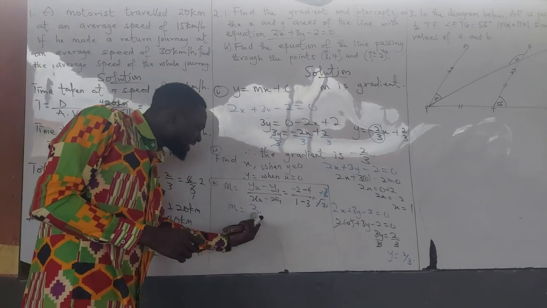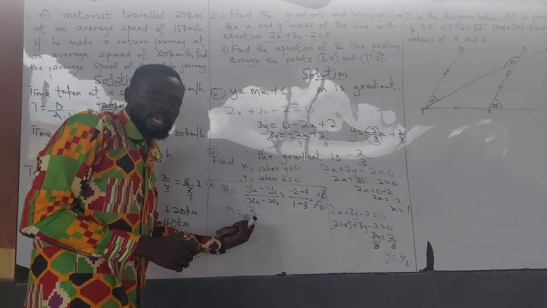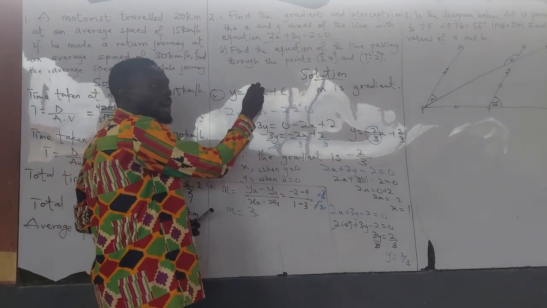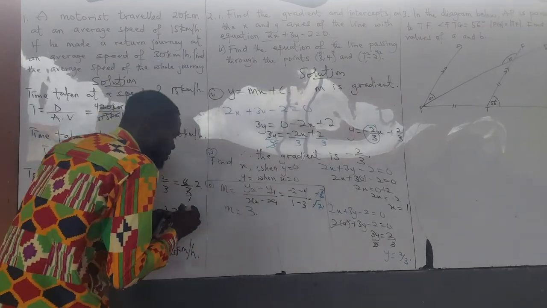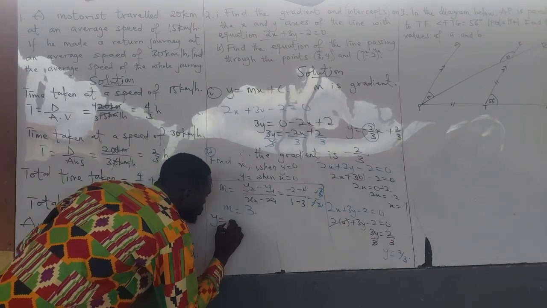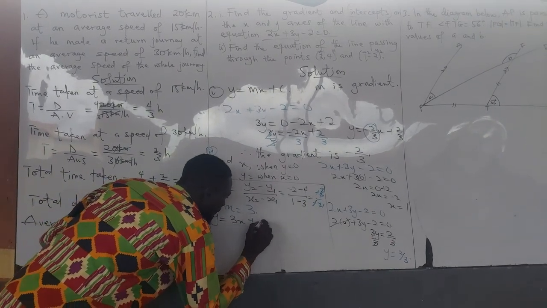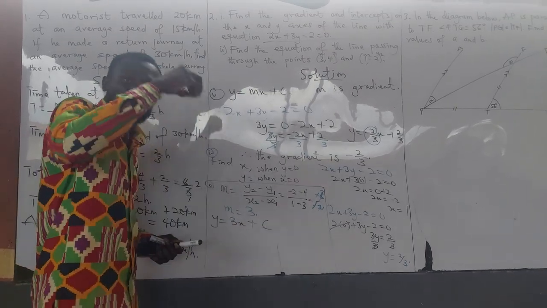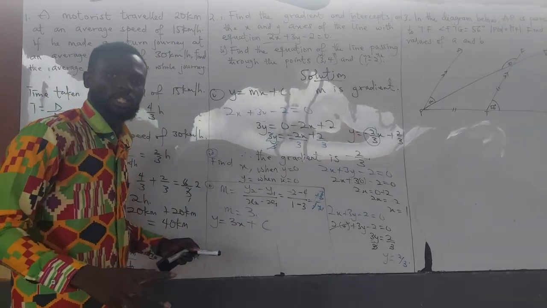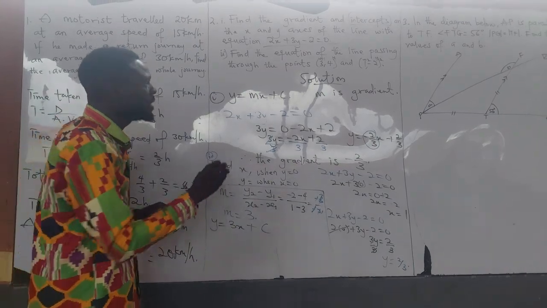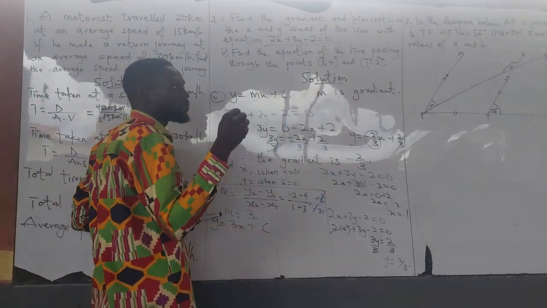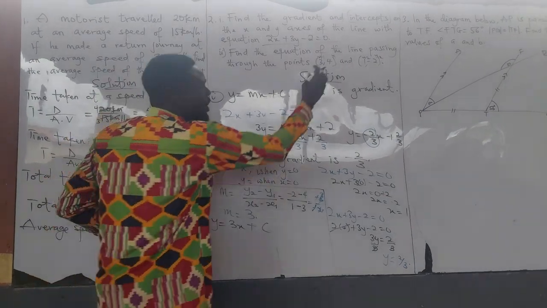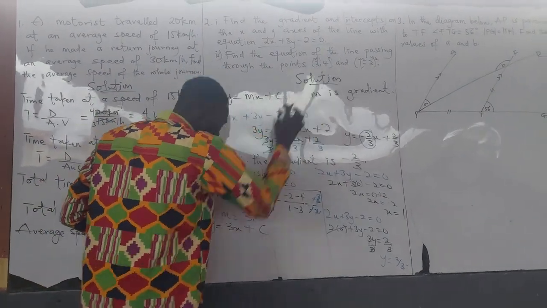So if the gradient is this, now we are going to put the gradient in this general equation to give us y is equal to 3x plus c. We have to solve for the c to give us the actual equation. Now to solve for the c, we are going to pick either this point or this point and do substitution. So if you go for this point, you have the y to be 4.